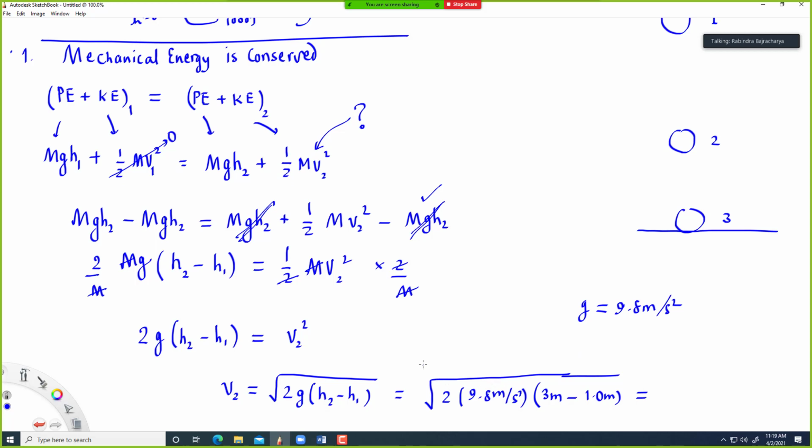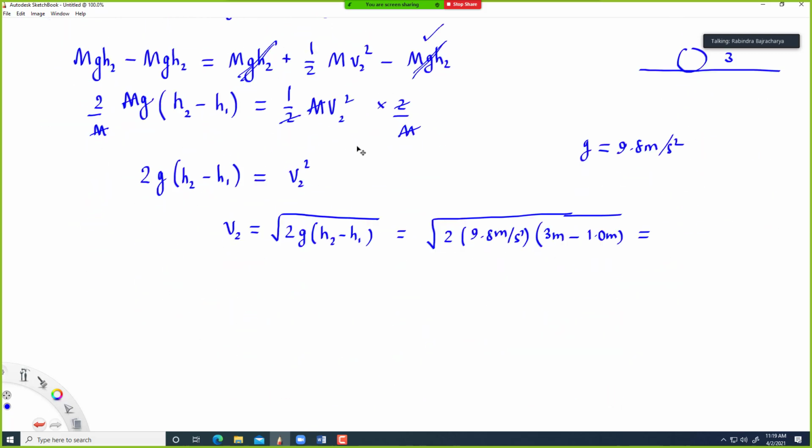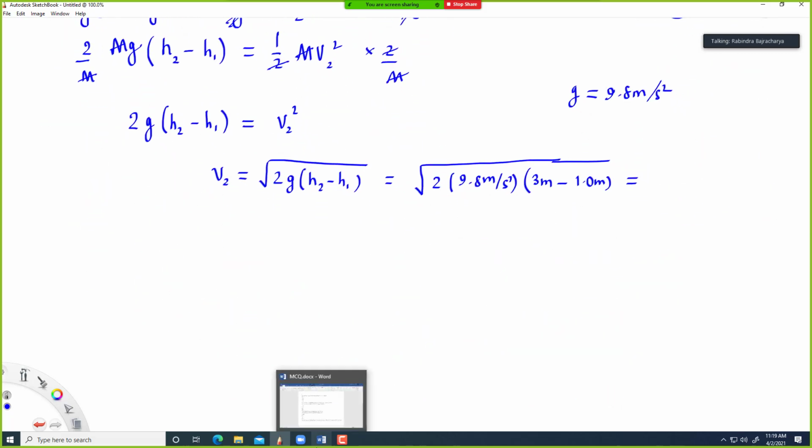Now, let us look at number 2. Number 2 is also a similar kind of problem. It is about the conservation of mechanical energy. A dart of mass 0.1 kilogram is pressed against the spring of the toy dart gun, as shown in the figure on the right. The dart gun has a spring which is initially compressed. Whenever you compress a spring, you store potential energy in the spring.